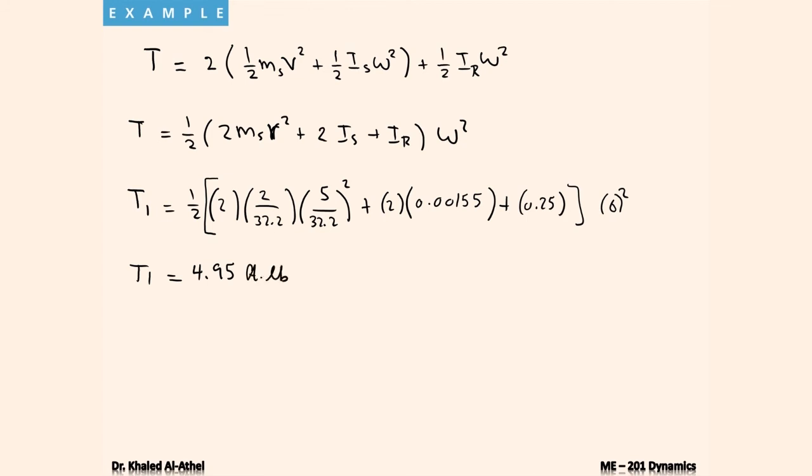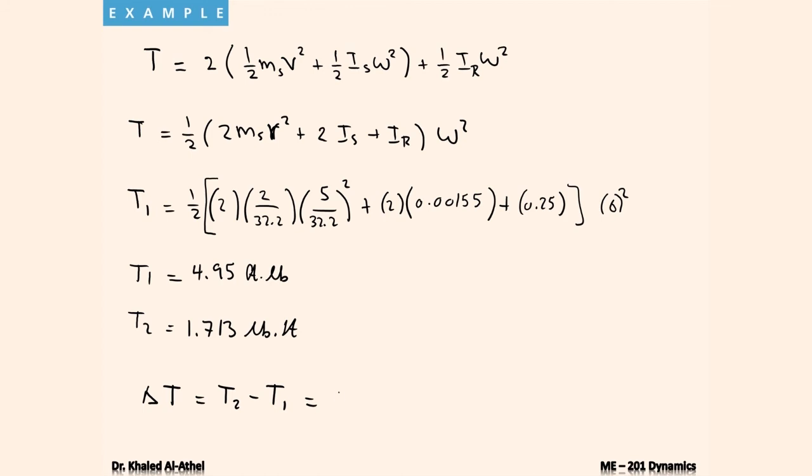foot pound. Okay. And if you do the same thing for T2, just change the values, you will get T2 equals to 1.713 pound foot, or foot pound is the same thing. Okay. Therefore, the energy loss delta T will equal to T2, because this is the final position, minus T1.